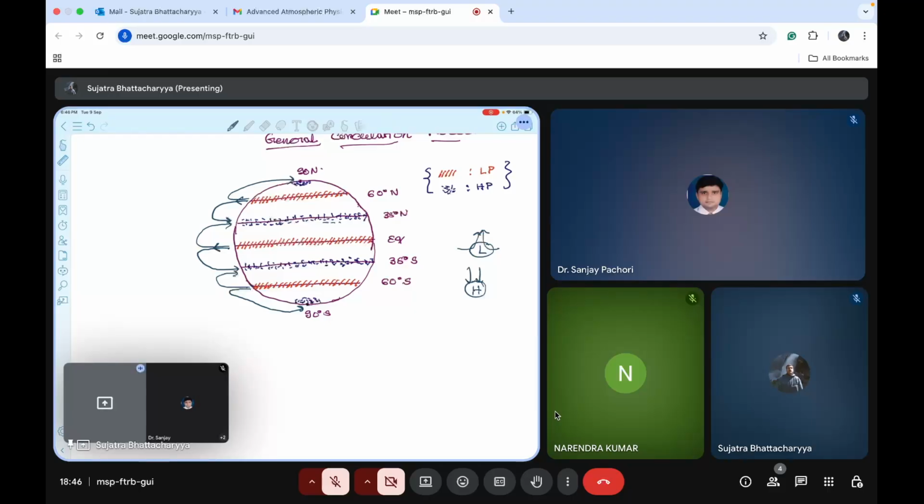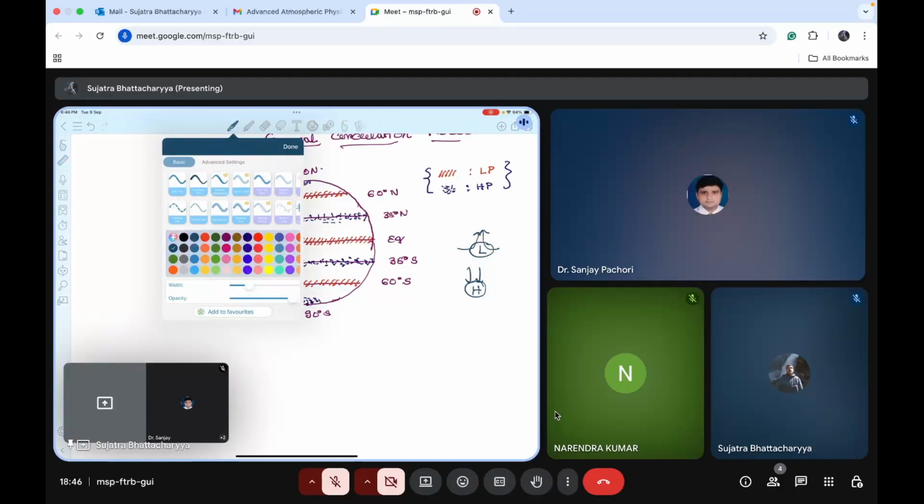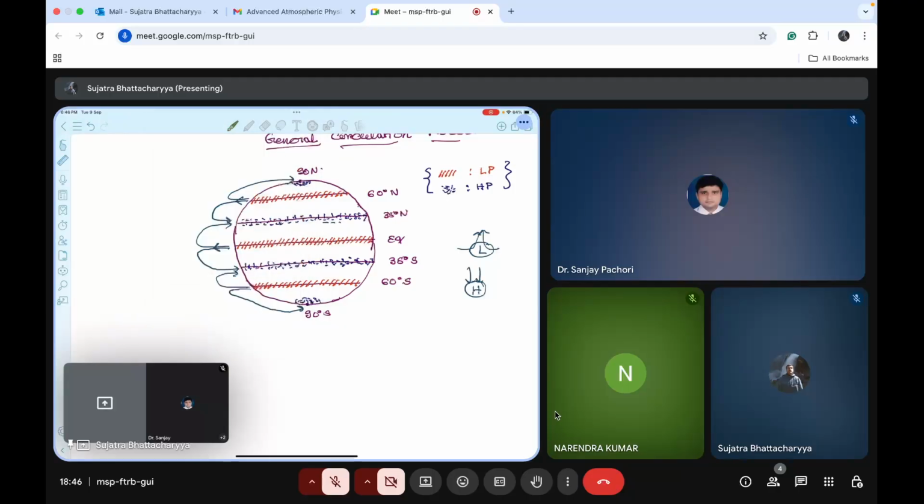But what is happening horizontally is something like this. So let's change the color. So this is a high pressure belt. This is a low pressure belt. Originally, the wind should be like this, from high to low pressure, but because of the Earth's rotation, there is a Coriolis force, and we have discussed that in the northern hemisphere, the Coriolis force deviates the winds to their rightward direction.